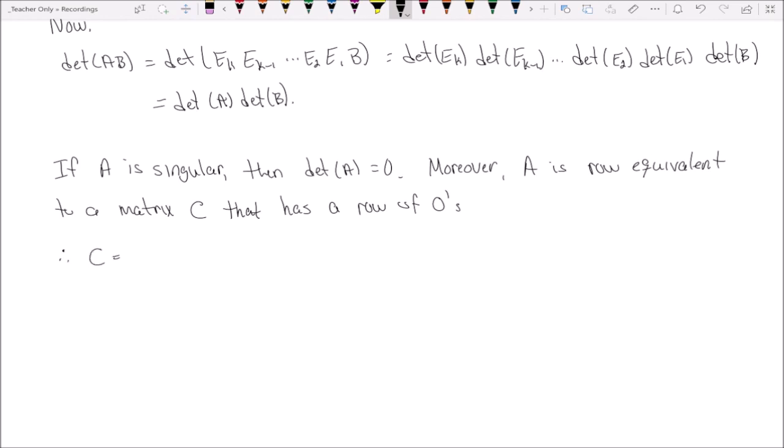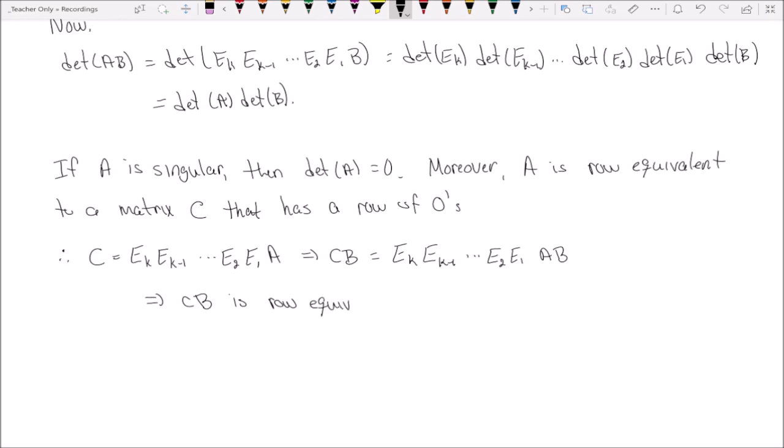Therefore, we can write C as EK times EK minus 1 times E2 times E1 times A, which means that C times B is this. Which of course means that AB is row equivalent to CB.